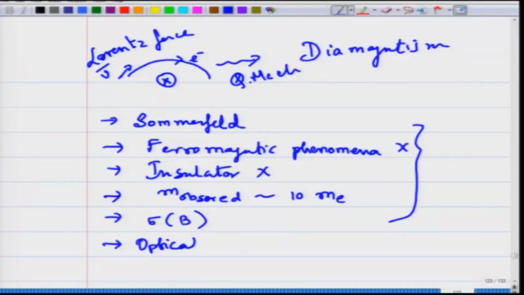Another drawback is the optical behavior of the metal. What is the optical response of the metal at different frequencies? It absorbs some frequencies, does not absorb some frequencies. These also are not completely explained by Sommerfeld's theory. So, with this we conclude our discussion of the Sommerfeld description of an electron in a solid.